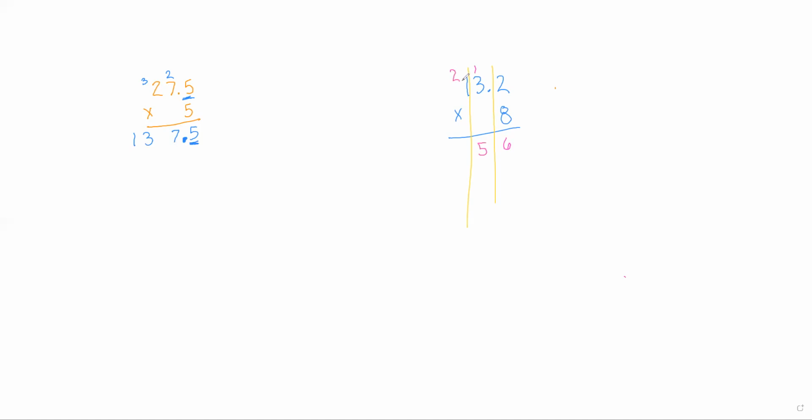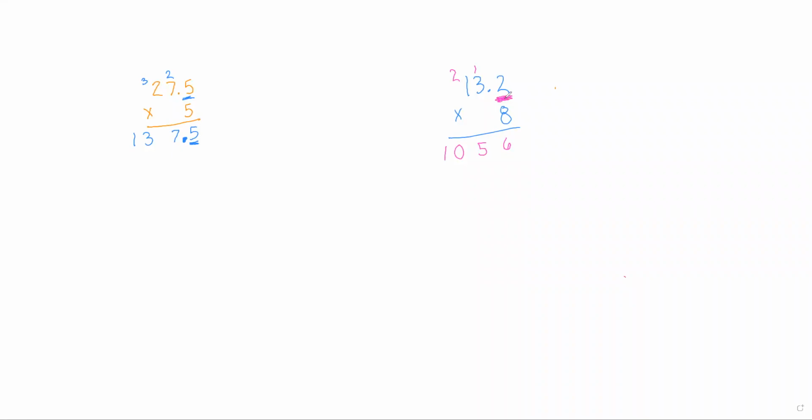8 times 1 is 8. Absolutely. Any number times 1 is the original number. Then I have to add the 2. Good. So it's not 8, but it is 10. You're correct. Now, how many numbers do I have behind my decimal point?